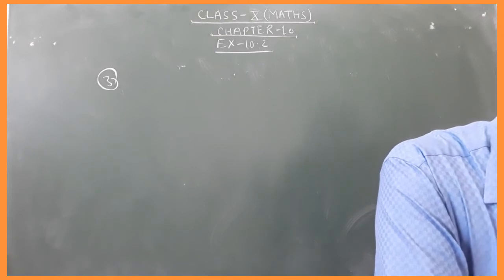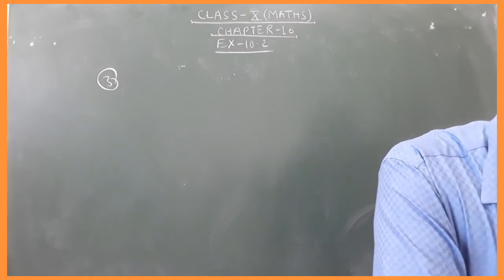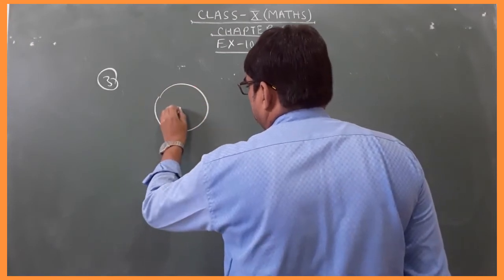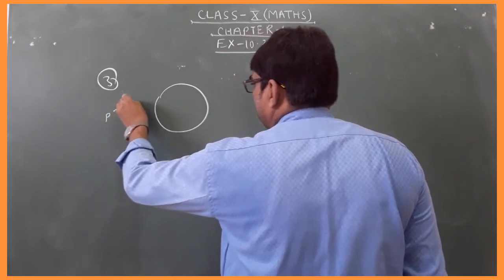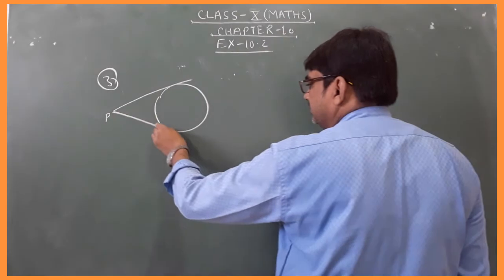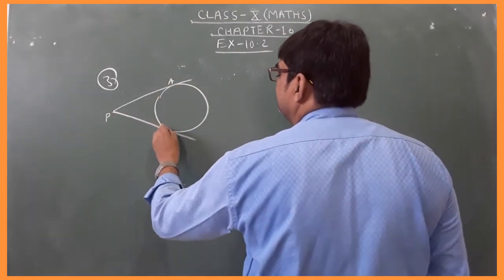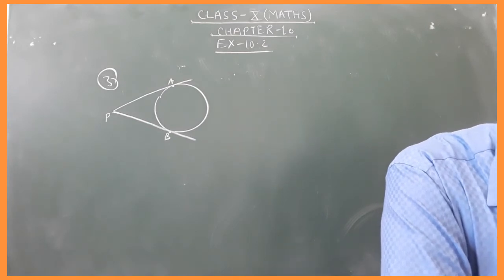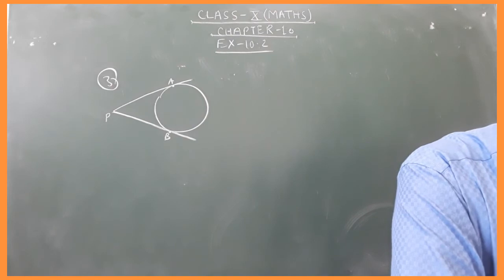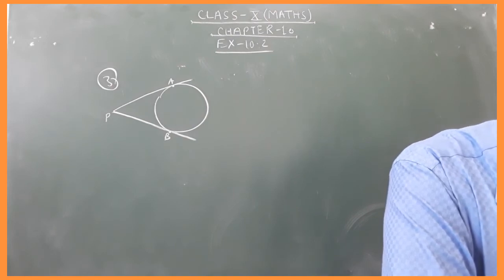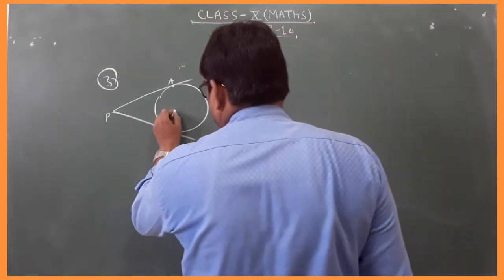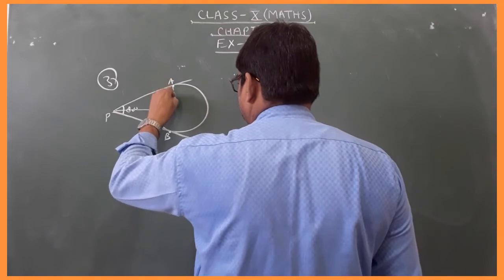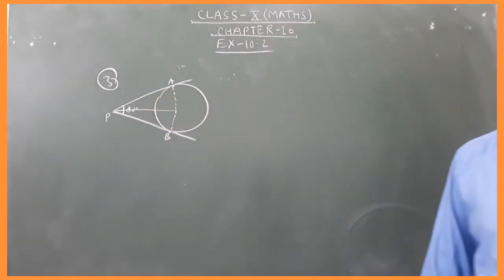If tangents PA and PB from a point P to a circle with center O are inclined to each other at 80 degree. ये टेंजेंट है फ्रॉम एक्सटर्नल पॉइंट से PA and PB, are the tangents to a circle with center O, inclined to each other at 80 डिग्री पर.